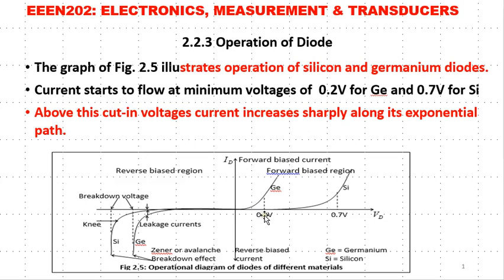If we look at this carefully, in the forward bias direction, the minimum voltage for a germanium diode to start conducting is 0.2 volts, and this minimum voltage is what we call the cut-in voltage or turn-on voltage of the diode. For silicon, the value is 0.7 volts.